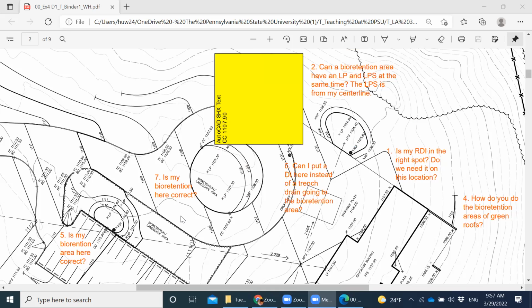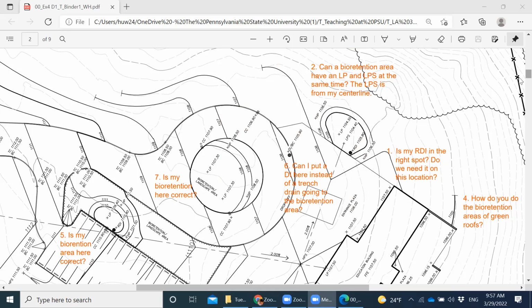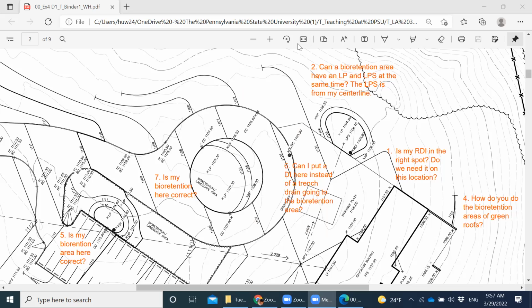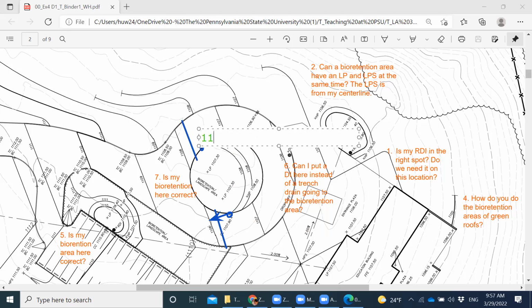Okay. So this one, we have a curb cut over here, 1107.9, which I don't think is correct though. That one should be lower than 1107.9. 1107.9 on the plaza should be somewhere here. This is calculated by this distance. So I would say this is close to 1107.6. That's probably more accurate.